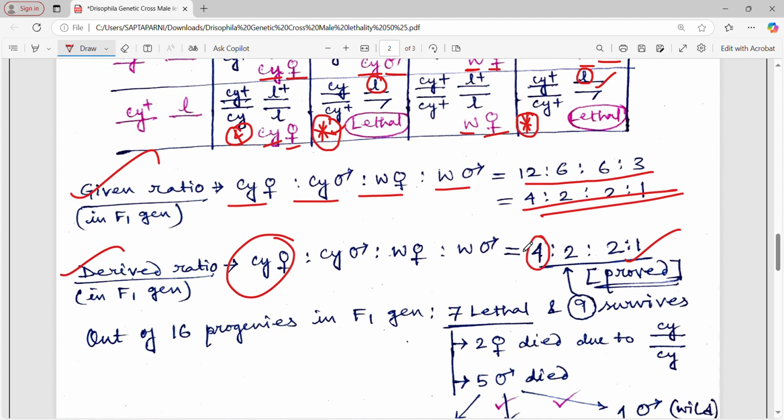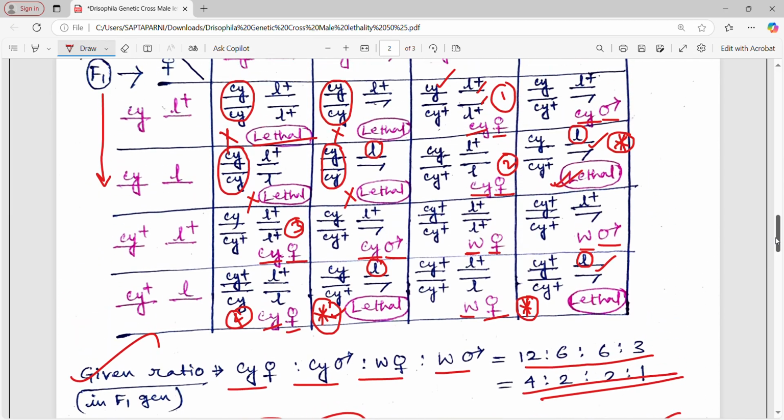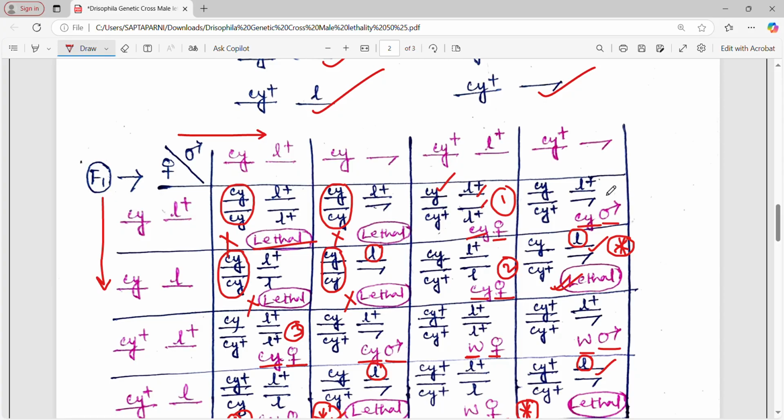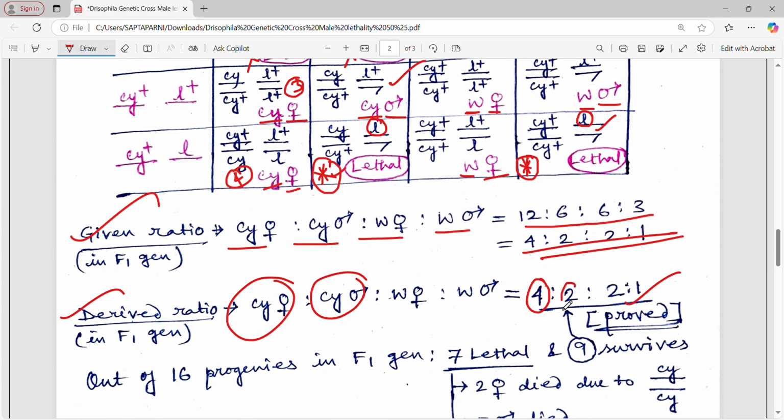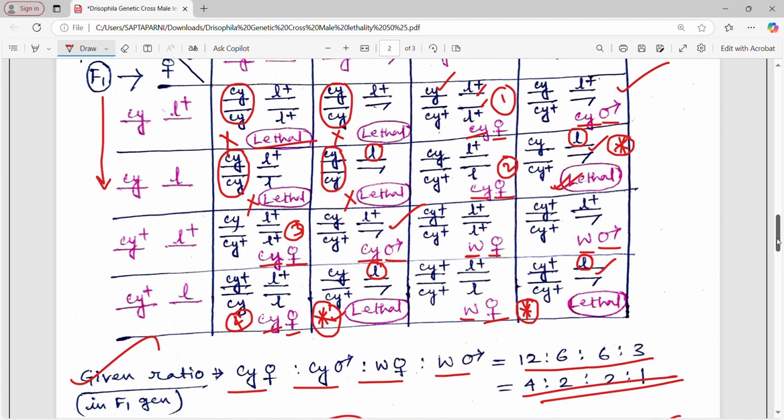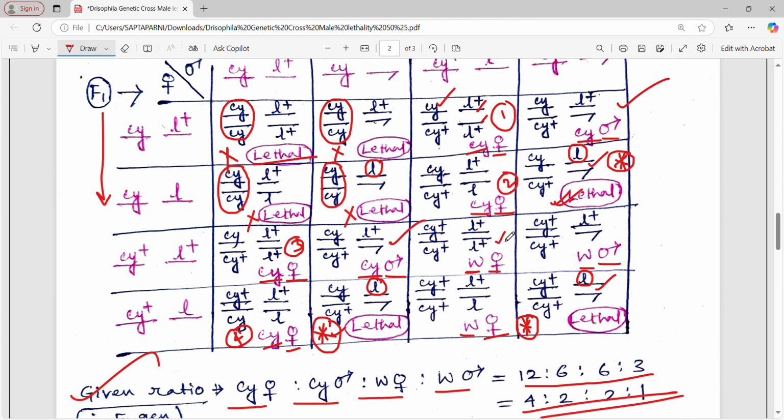Then how many Curly males are there? Let's check. This is one Curly male, and then you can see this is the second Curly male. So 2 Curly males are there. Okay, got it. Then how many wild females are there? See here, this is one wild female, this is another wild female.